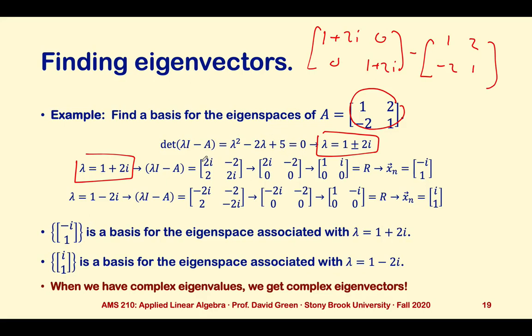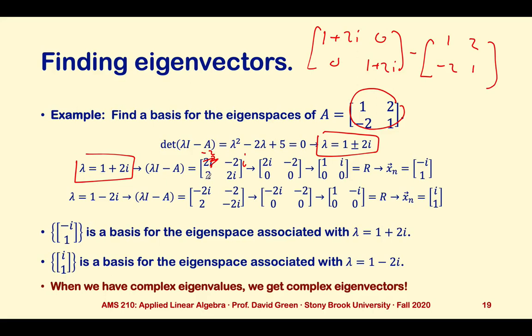If we multiply this first row by i, that would give us i squared and i. But i squared is just negative 1. So that gives us negative 2, negative 2i. We can add these two rows together to eliminate our first pivot.